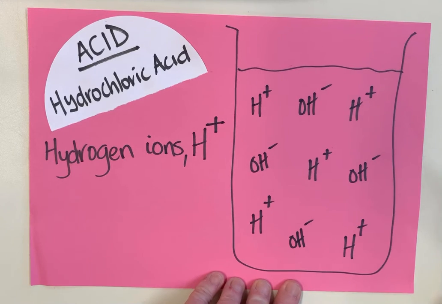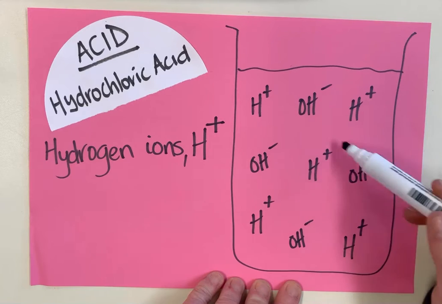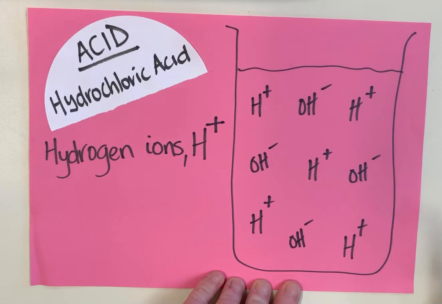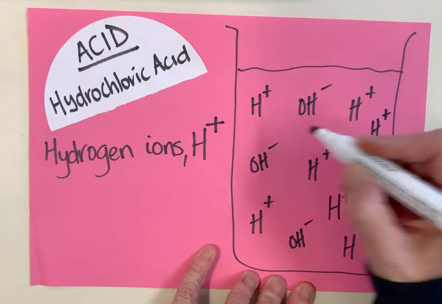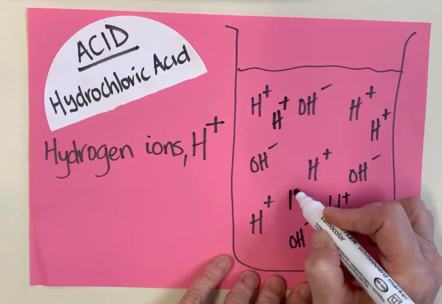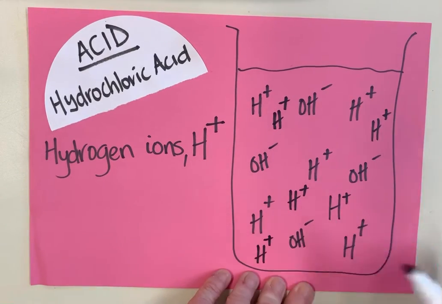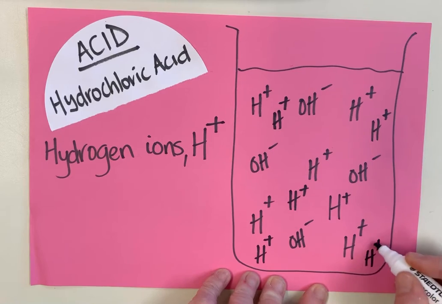So that makes this only just an acid because there's only one extra hydrogen ion. That might be pH maybe 5 or 6. But the more hydrogen ions you add into the solution, the more acidic it becomes.